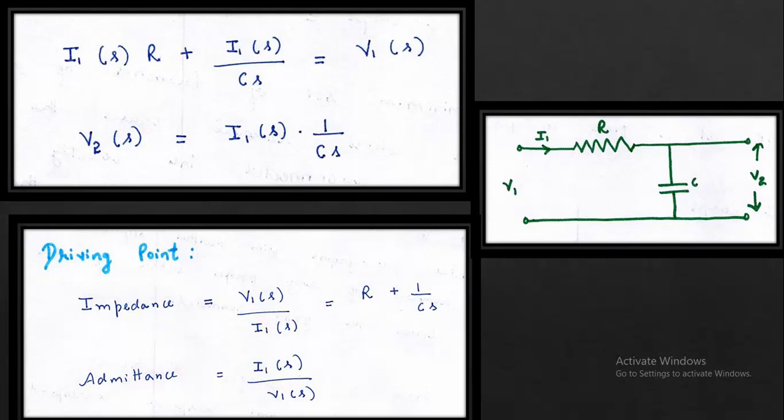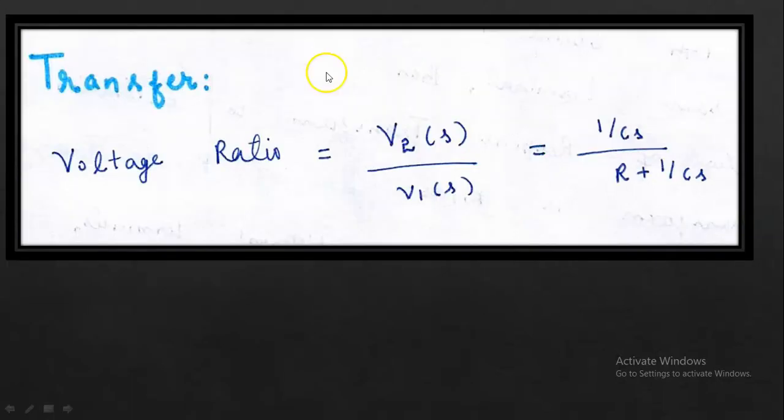We write the circuit equations. Then the driving point functions will be impedance and admittance, so V1(s) by I1(s) and I1(s) by V1(s). Now the transfer function will be a voltage ratio, which is V2(s) by V1(s). This is equal to 1 by Cs divided by R plus 1 by Cs.